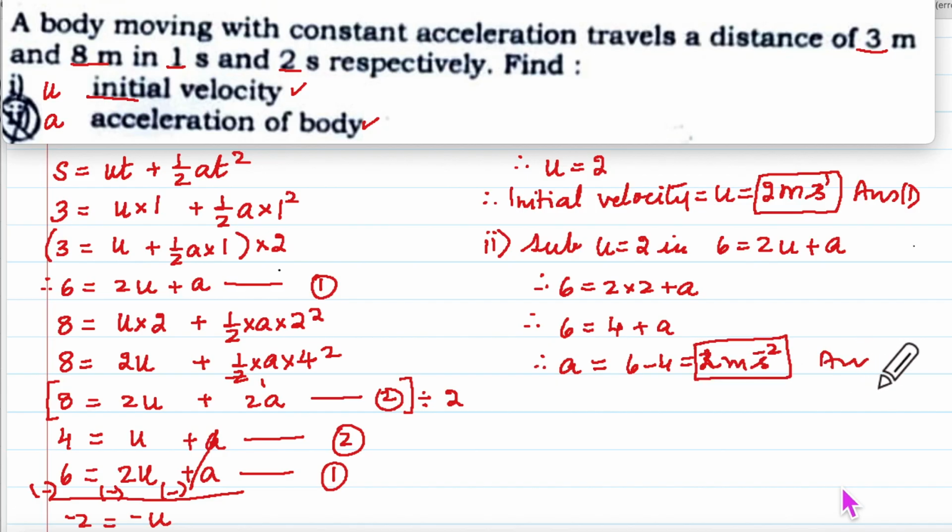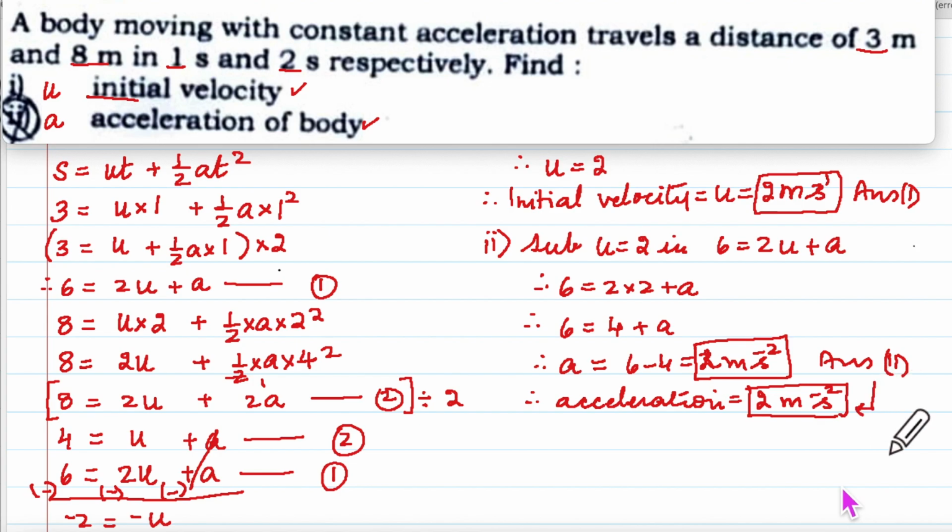So that is how we get our second answer also. So we will write it once again, acceleration, because if you don't write the answer statement, you can lose your marks. Okay. So this is our answer 2.